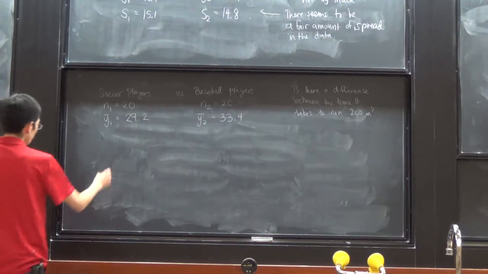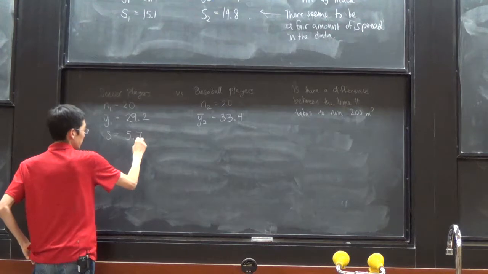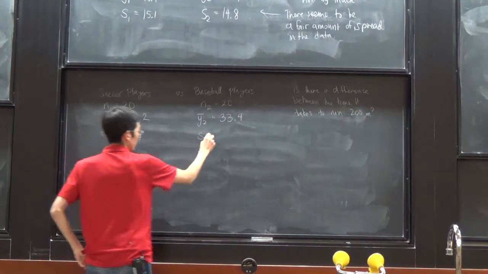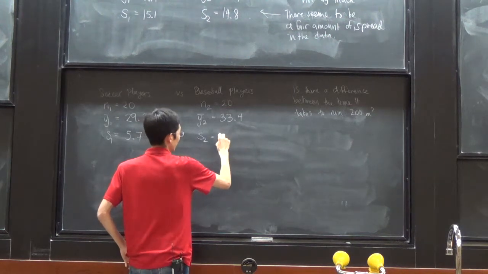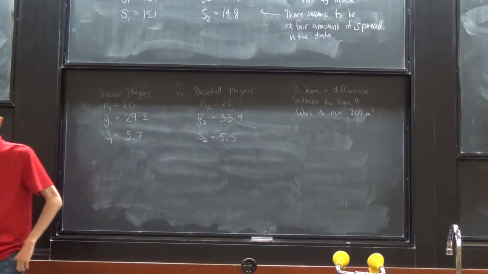Okay, so let's say our spread here is 5.7, and our spread here is 5.5.